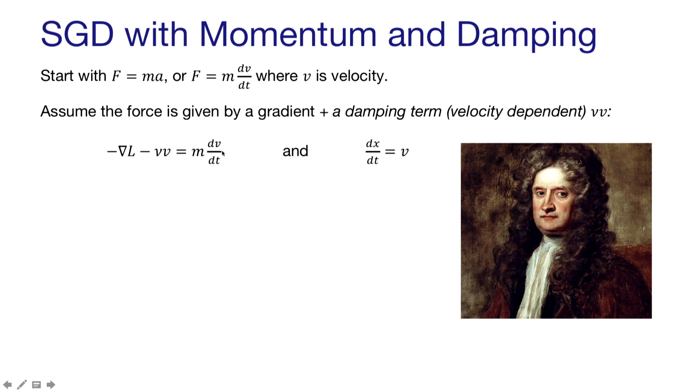And then the right-hand side is just mass times acceleration again. And just to make it a full second-order system, we need one more equation, which is the trivial one that the position derivative with respect to time is velocity. Okay? This is familiar from physics or somewhere, if you didn't do physics. All right.